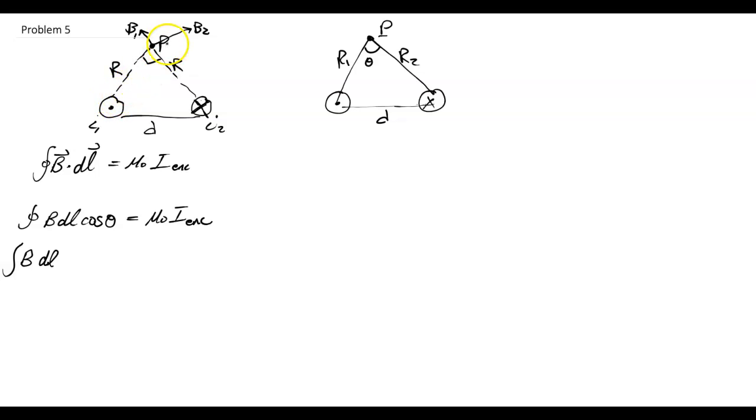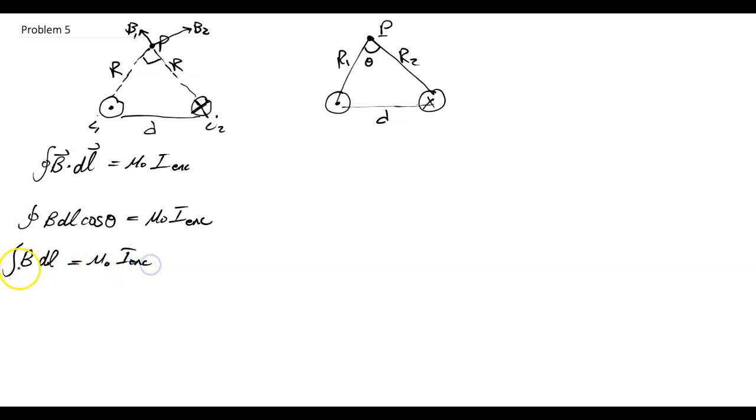So we can say that B and L are parallel, and that will mean that theta is 0, which means cosine theta is 1.